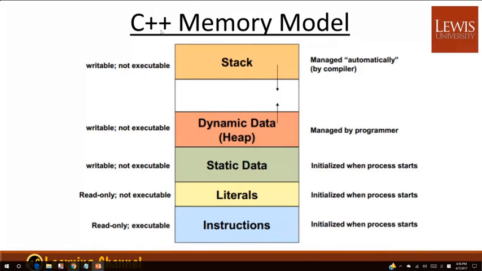Right here, I show you the basic C++ memory model. There is no virtual machine, no serious runtime environment here. The only runtime environment it deals with is the OS.